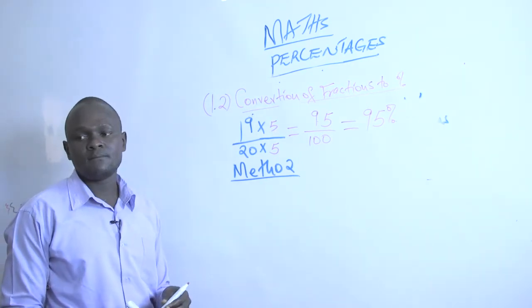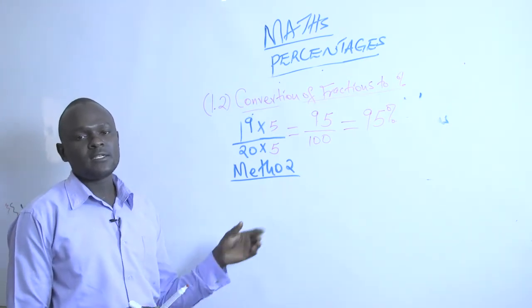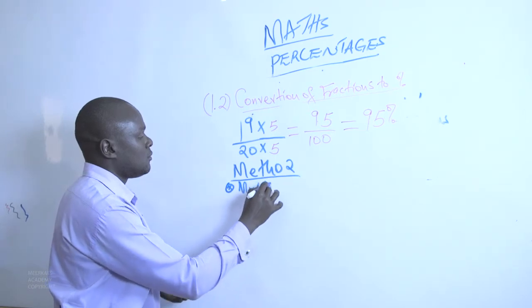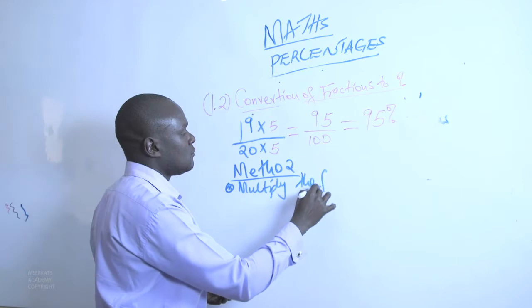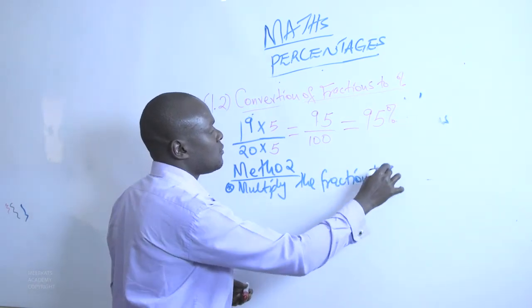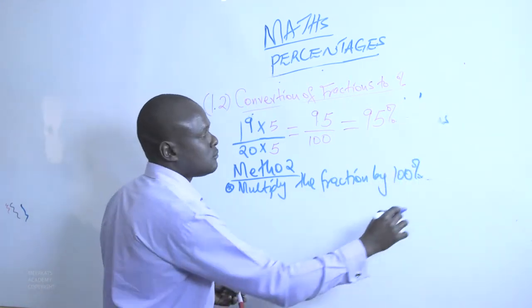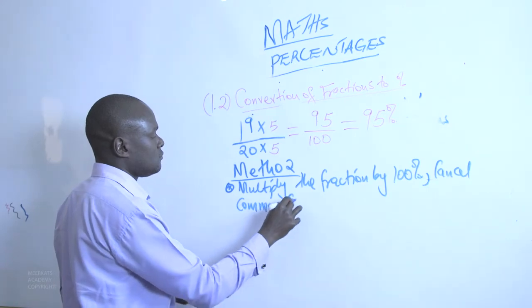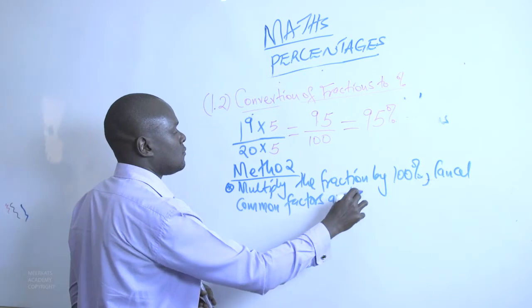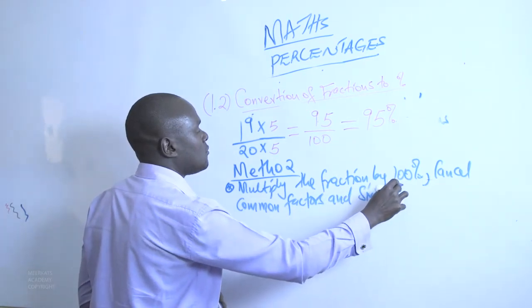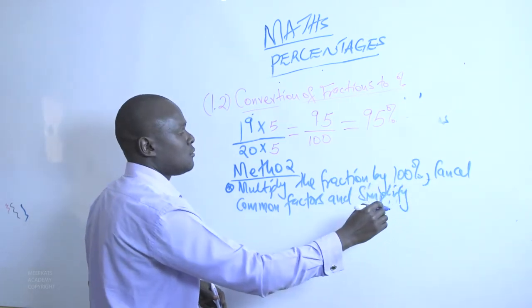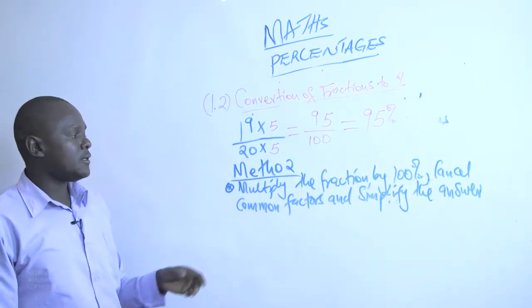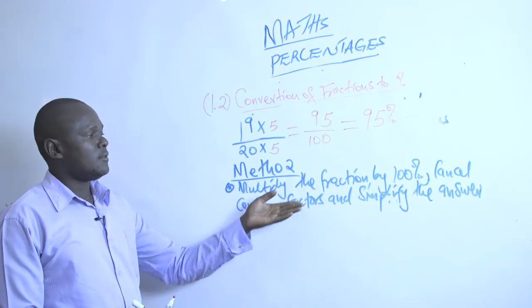And when we multiply by 100%, we cancel out common factors, then simplify the answer that we have.